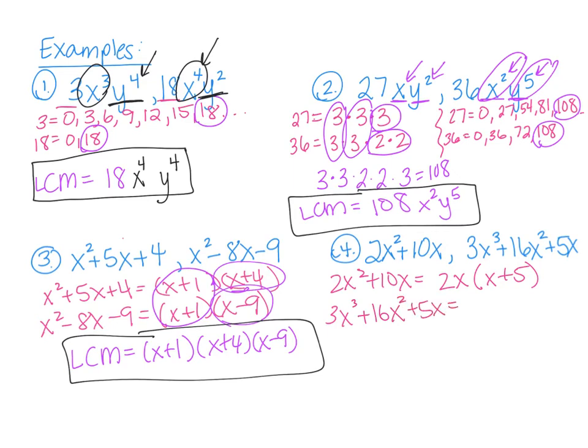So I'm going to first divide off an x, which is going to leave me with 3x squared plus 16x plus 5. Then I'm going to finish factoring this here because I'm not finished here. So that's actually going to become 3x plus 1 and x plus 5.